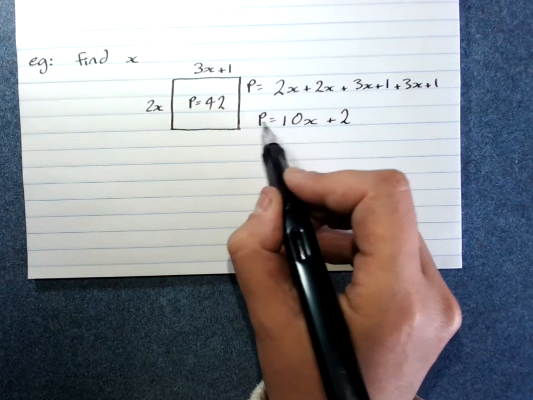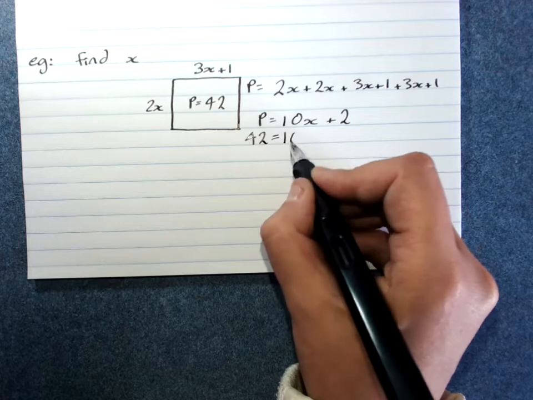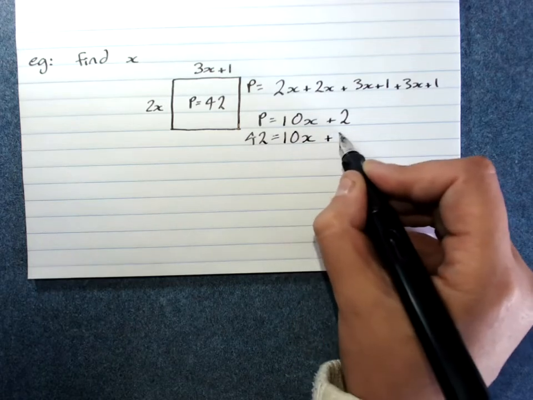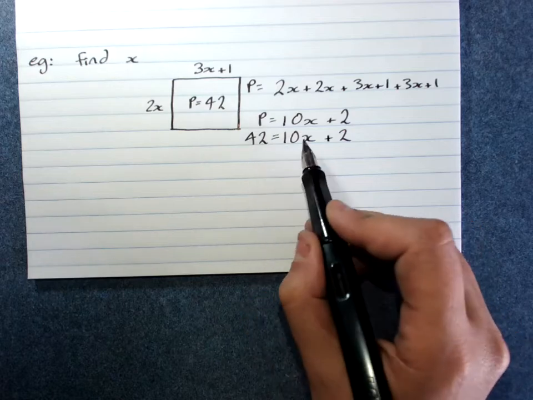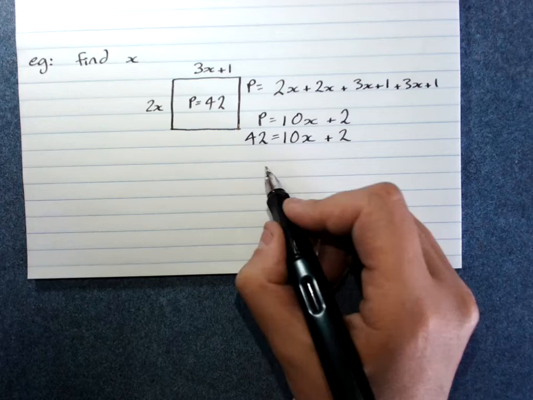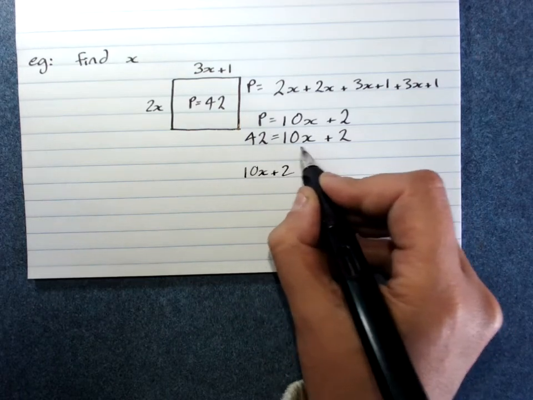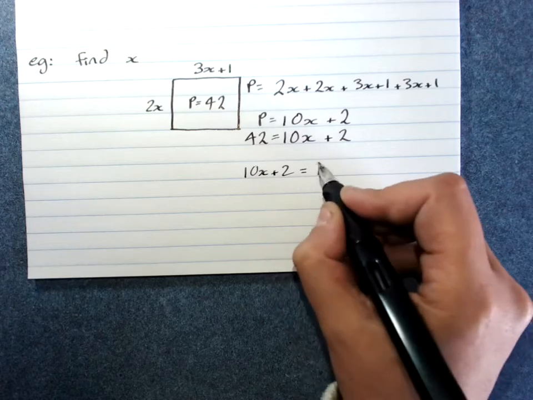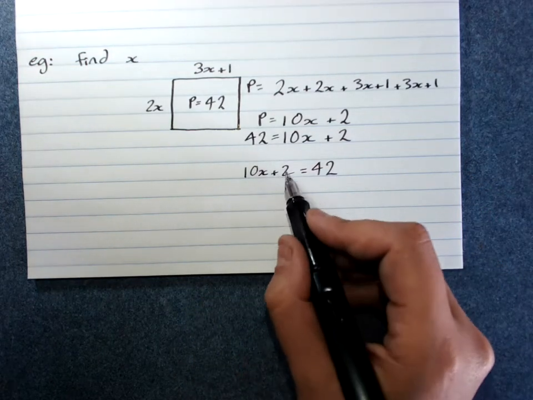And now I know that the perimeter is 42, so I substitute that in where the perimeter is. 42 equals 10x plus 2, and now I have an equation that I can solve. We're more used to having the unknown on the left-hand side. If you prefer, you can just swap them around. 10x plus 2 equals 42, and this is a nice friendly two-step equation.